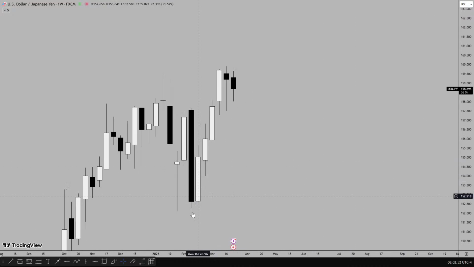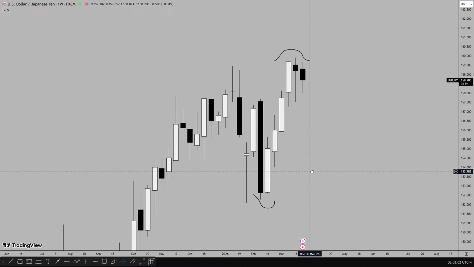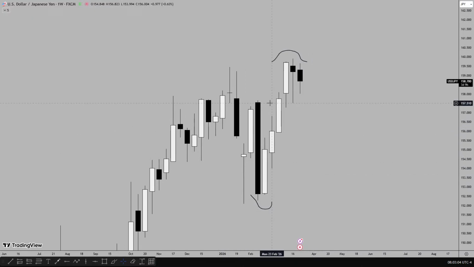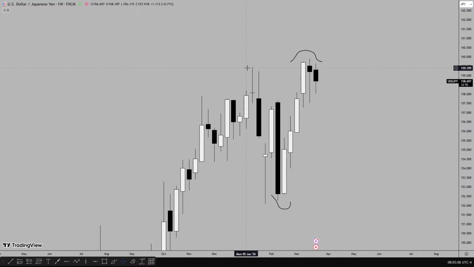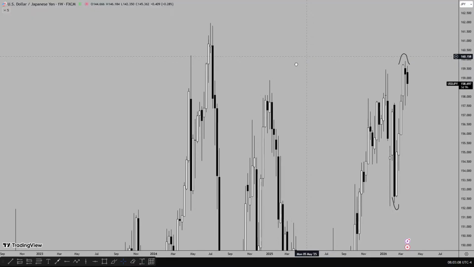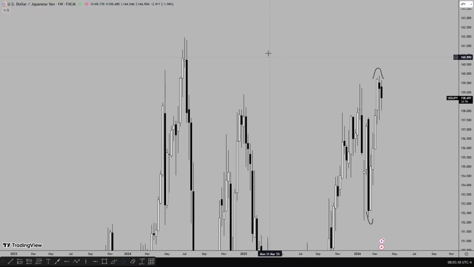Now, looking at this chart, you can see here's the recent swing low and here's the recent swing high. If there's going to be any continuation in this price action after around the swing high, the next draw on liquidity should be the swing high.